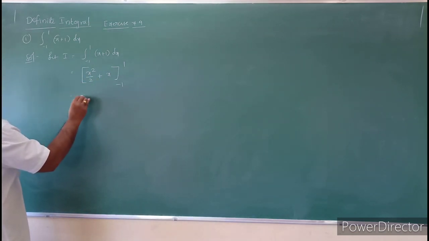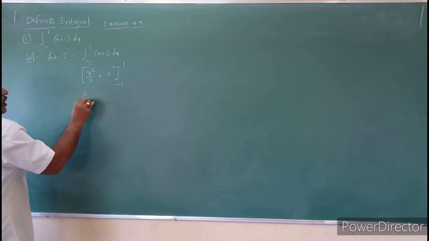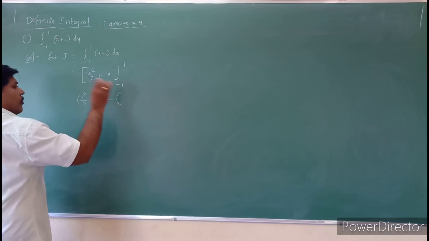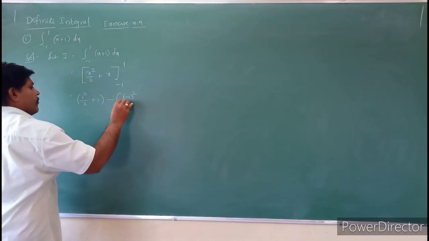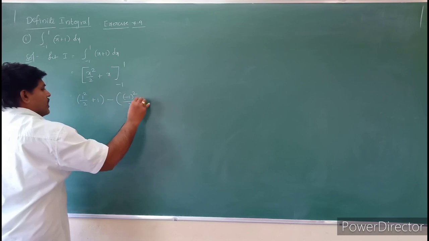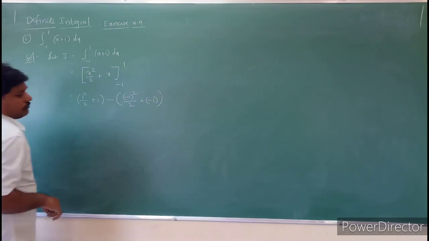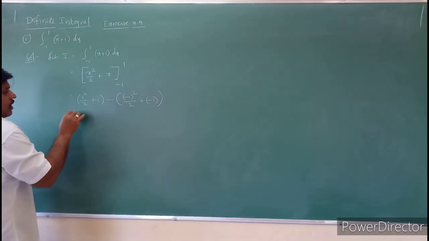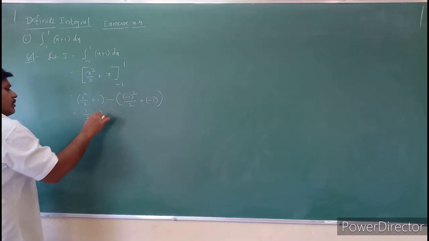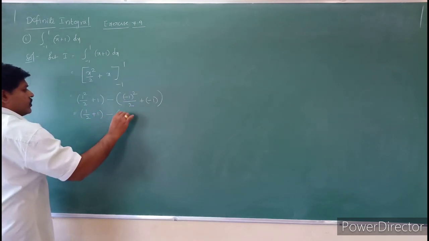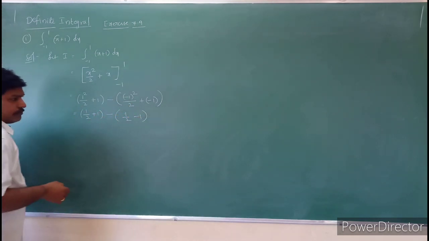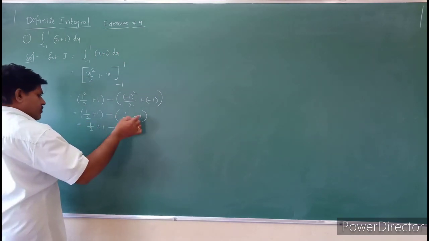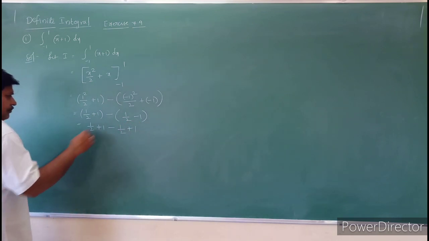What happens? First apply the upper limit: 1 square by 2 plus 1, minus apply the lower limit: (-1) whole square by 2 plus (-1). So 1 by 2 plus 1 minus 1 by 2 minus 1, that is 1 by 2 plus 1 minus 1 by 2 plus 1.